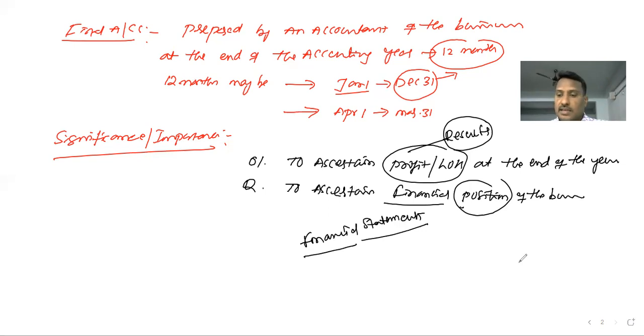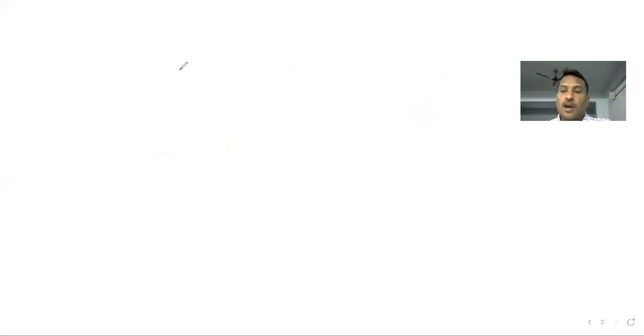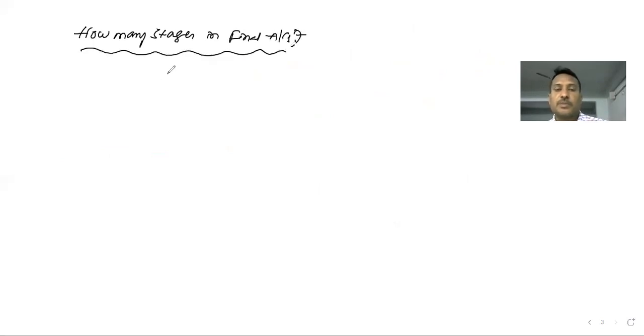Next, how many stages are the final accounts prepared in? The next topic here: how many stages in final accounts? The final accounts are prepared in 3 stages in any business concern.